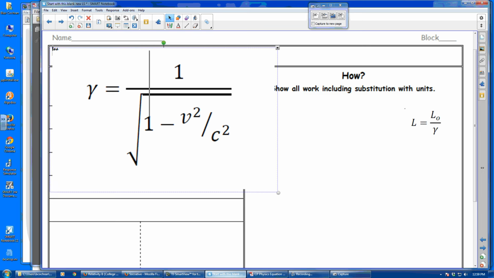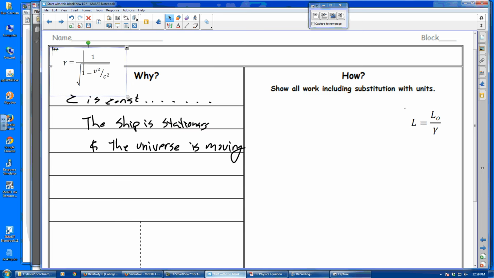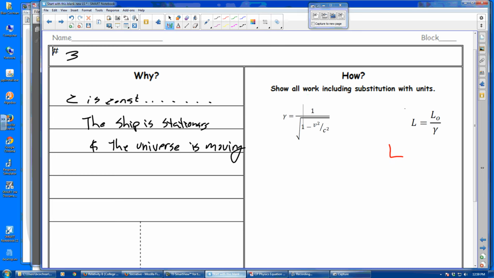Looking back to the one we did earlier, what's the relationship between L and L naught? We have 1 vote for L is greater than L naught. Anybody looking back to like the first one we did? L naught is always greater than L. Because remember, gamma is always greater than 1.